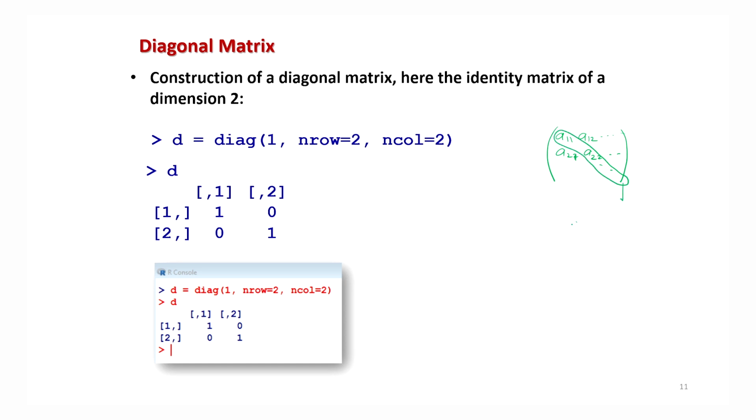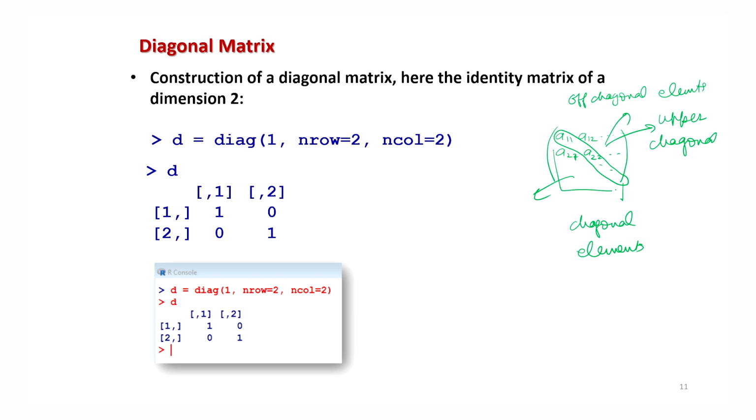These are called the diagonal elements, and all the elements which are not on the diagonal are called off diagonal elements. This part is called the upper diagonal, and the elements in the lower part are called the lower diagonal.